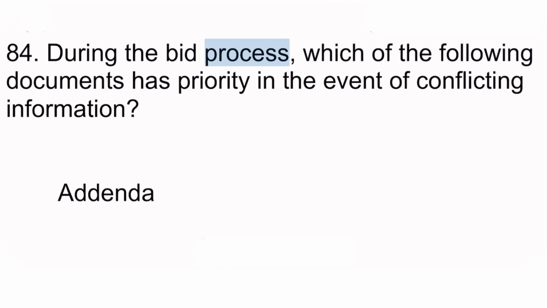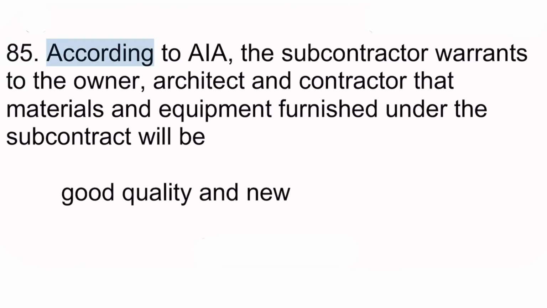During the bid process, which of the following documents has priority in the event of conflicting information? Addenda. 85. According to AIA, the subcontractor warrants to the owner, architect and contractor that materials and equipment furnished under the subcontract will be good quality and new.